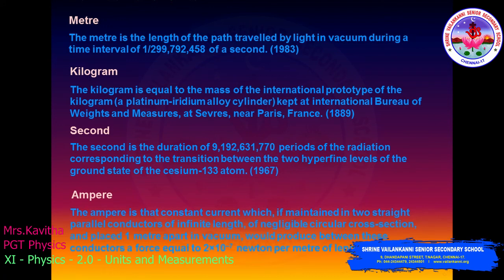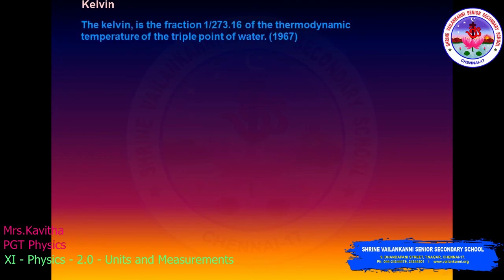Ampere: the ampere is that constant current which, if maintained in two straight parallel conductors of infinite length and negligible circular cross section, placed 1 meter apart in vacuum, would produce between these conductors a force equal to 2 times 10 power minus 7 Newton per meter of length.